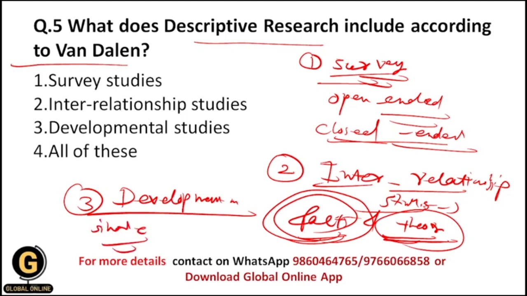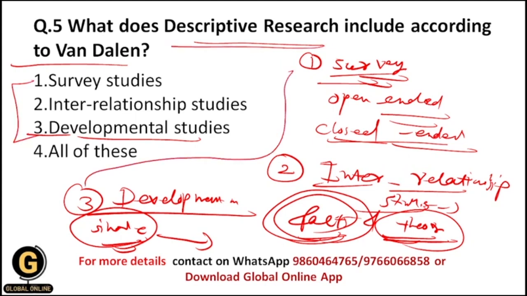This is nothing but growth of a single cell towards the heart, development at each and every stage, and this is nothing but a developmental study. These are the studies included in descriptive research, because in these we describe the characteristics of things, and that's why the correct answer over here is all of these.